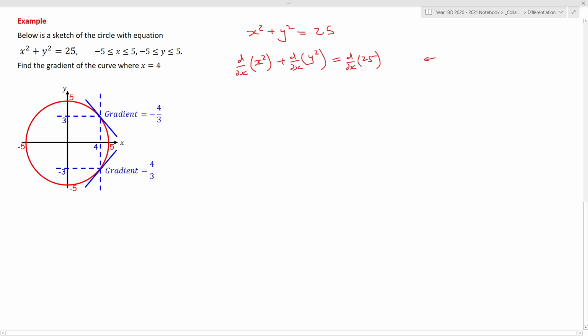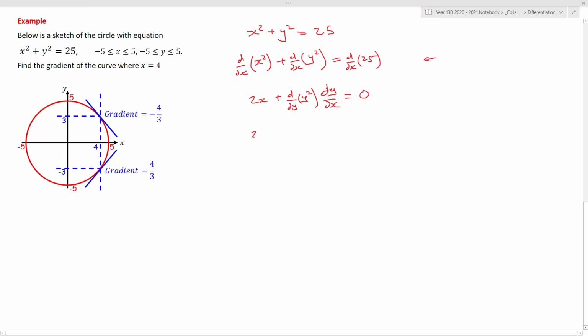So if we differentiate x squared with respect to x, we get 2x plus, I'm going to write this out this time, d over dy of y squared times dy over dx. Although we tend to just go into the differentiation straight away, but for now, we'll do it like this. And if we differentiate a constant, we get 0.